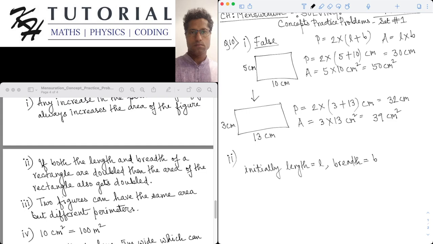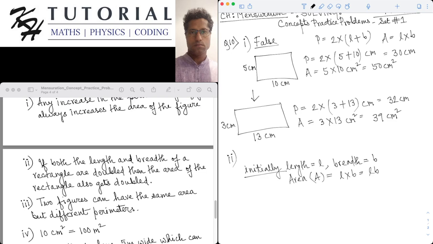So initially length is L and breadth is B, and initially the area A will be L into B, that is LB.